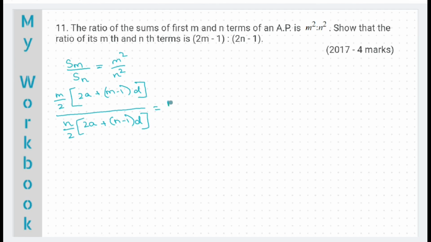It is equal to m square by n square. Now we can simplify this. So we will have (2a plus (m minus 1) into d) by (2a plus (n minus 1) into d) is equal to m by n. We will cross multiply and simplify this expression further.